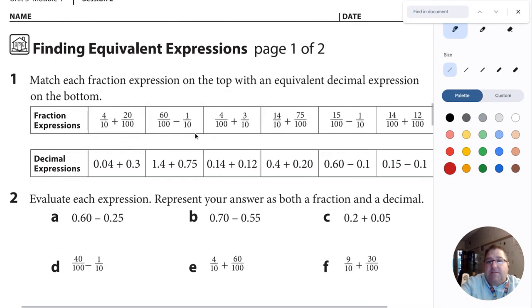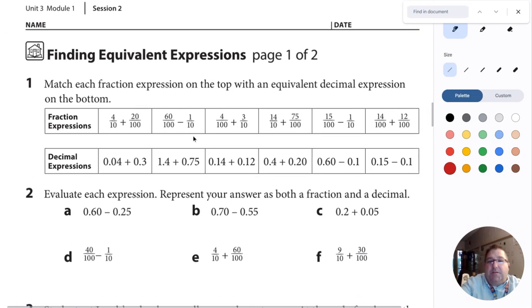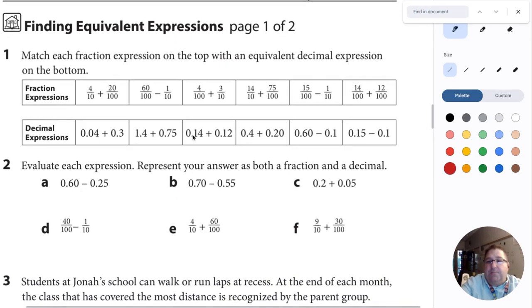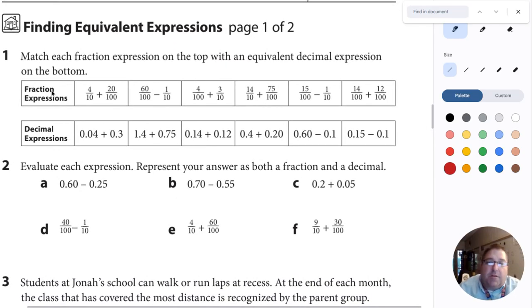Okay, up next. Now we're dipping our toes into some Unit 3 stuff, and we're looking at how fractions and decimals can think of kind of the same thing a couple different ways, right? So this one, we don't have to actually add these up, but we see we have 4 tenths and 20 hundredths.